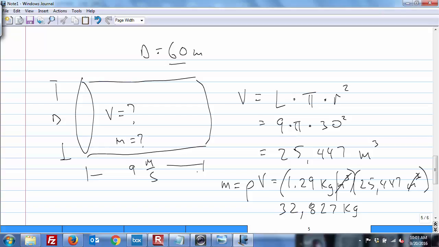So the length of the air moving through it was 9 meters, and that happens, as we decided, every second, times pi times 30 squared, which is our radius. We came up with a volume of air of 25,447 meters cubed. We multiplied that by the density and decided there's almost 33 tons of air moving through.